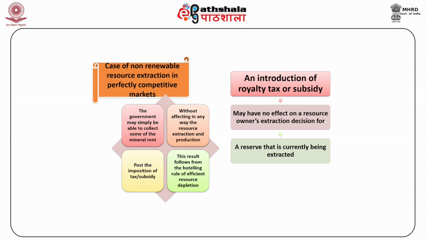The government may simply be able to collect some of the mineral rent or pay some subsidies without affecting in any way the resource extraction and production after the imposition of the tax or subsidy. This result follows from the Hotelling rule of efficient resource depletion.